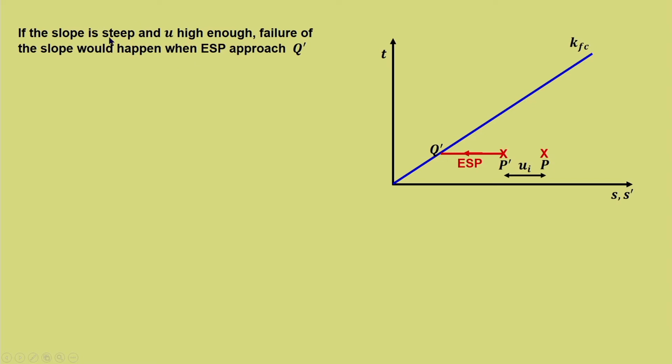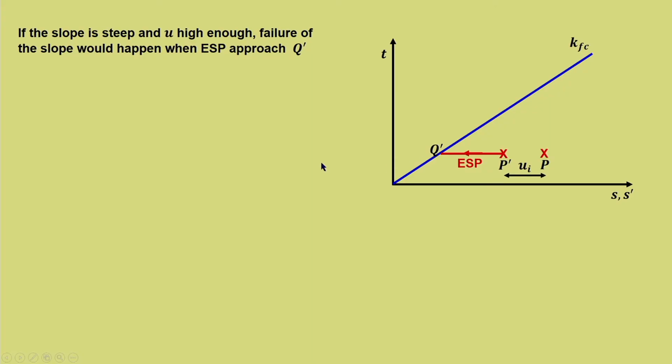Now, when it is steep, it will influence the weight, and when rainwater infiltrates, U will increase. These two components together would alter the effective stress path and it will proceed towards Q dash to fail.